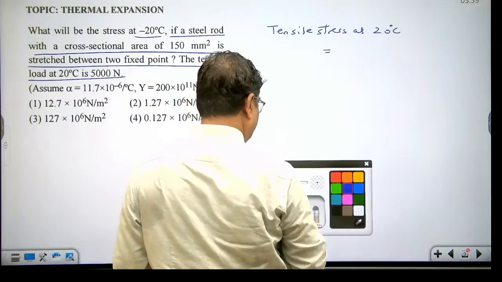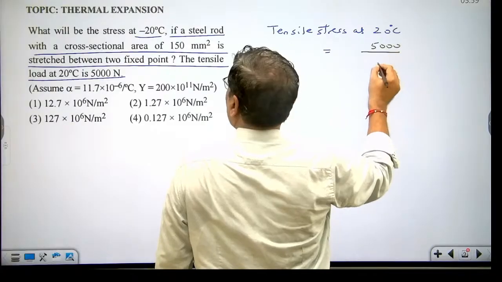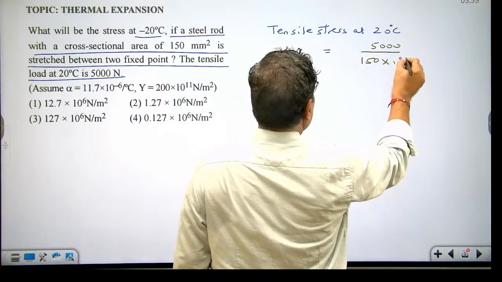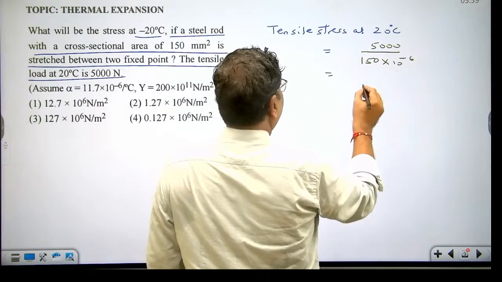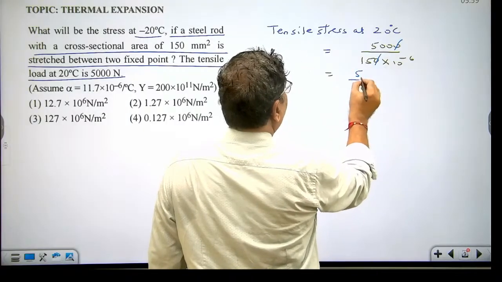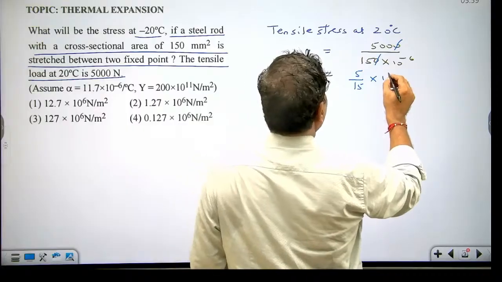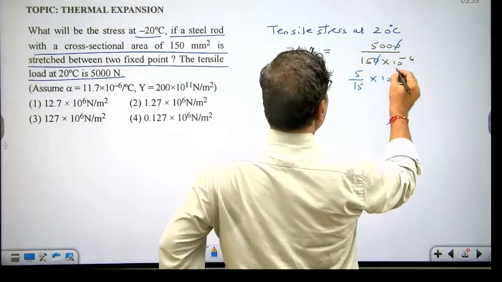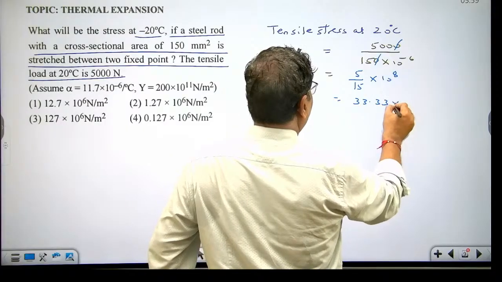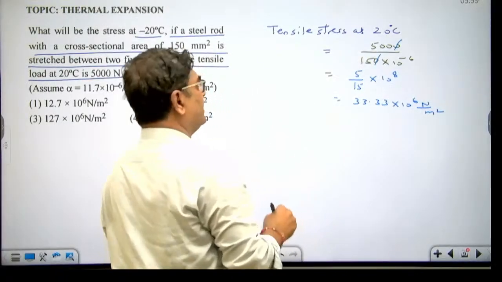This is equal to force 5000 upon area, that is 150 millimeter square. We are converting millimeter to meter, so this is 10 to the power minus 6. So 0 will get cancelled. So this is 5 upon 15 into 10 power 8, so this is 33.33 into 10 power 6 Newton upon meter square. This is the initial stress at 20 degrees centigrade.